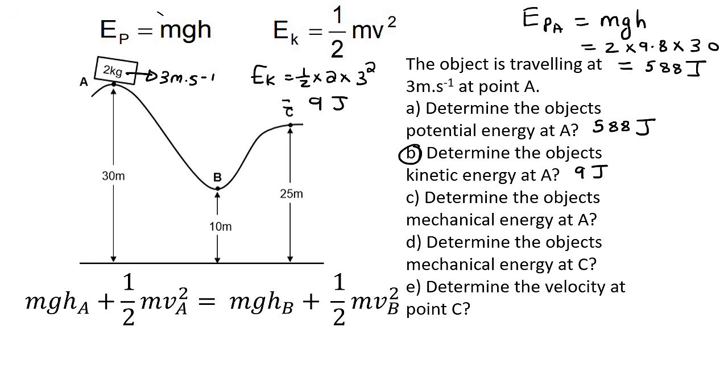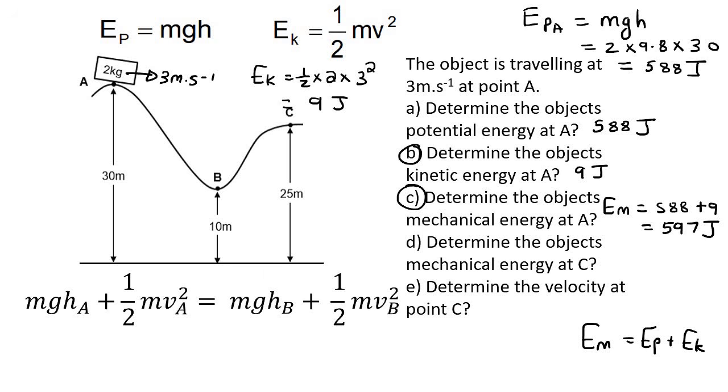If you then add those 2 together, then we call it mechanical. So this question says, determine the object's mechanical energy. So we're just going to add those 2 together. We're going to say 588 plus 9, and that's going to give us 597 joules.